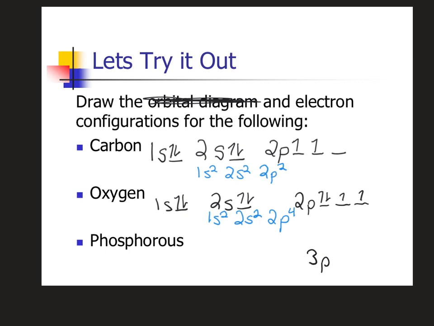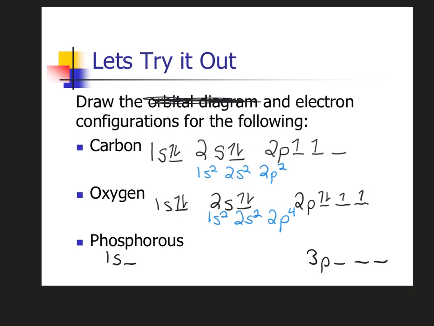Just because it's now in the 3p doesn't mean that the orientations have changed, or that it changes how it starts. Still has to start with 1s.